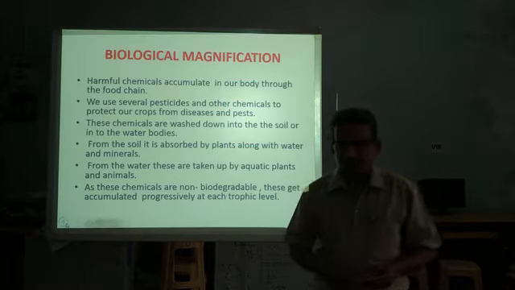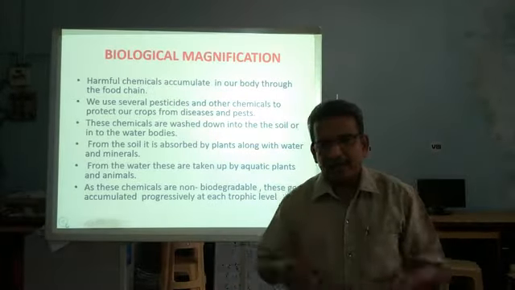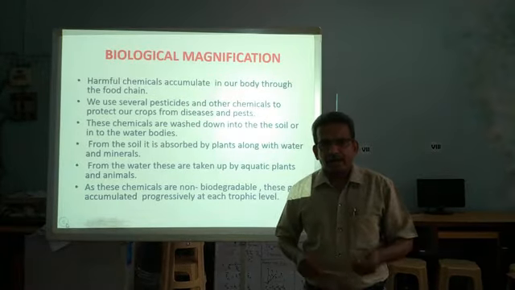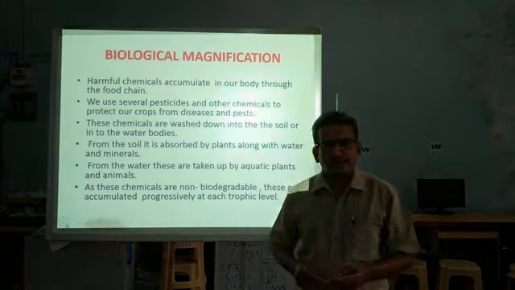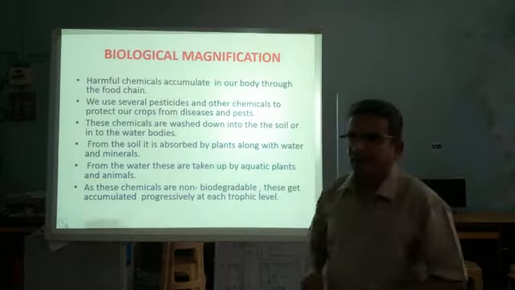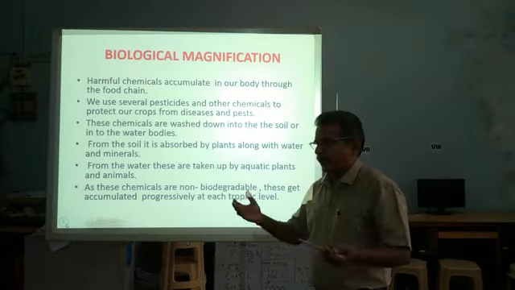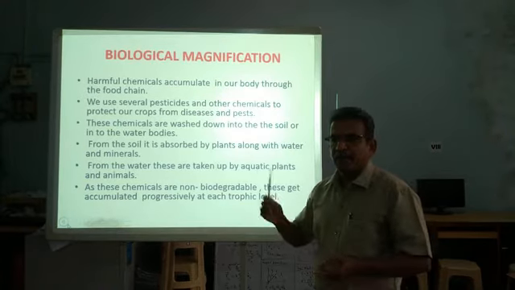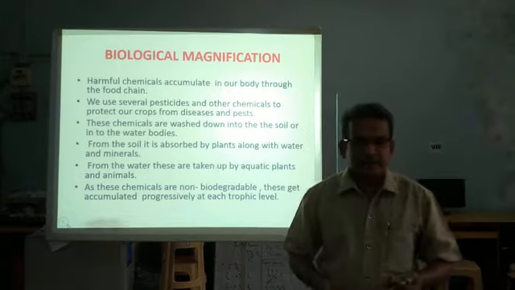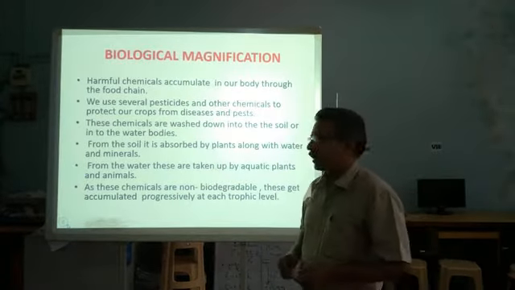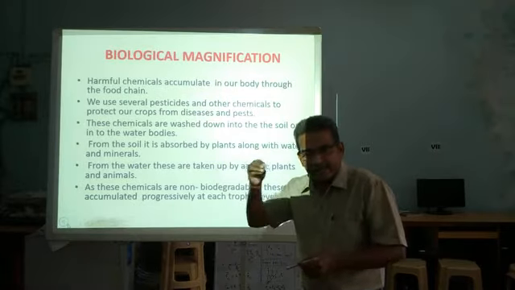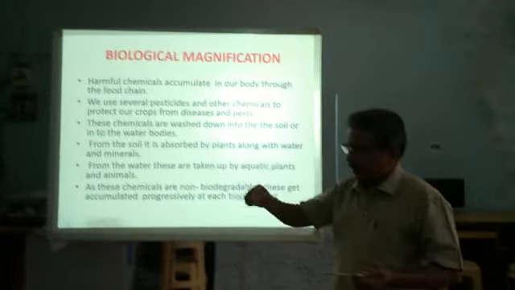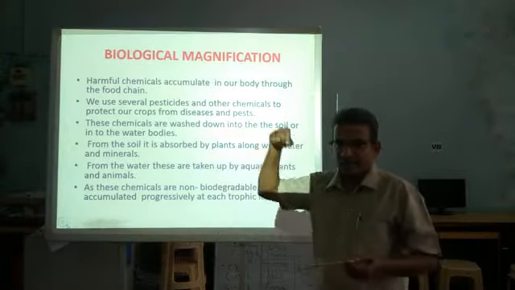These chemicals are gradually accumulated in the bodies of aquatic organisms. For our food, we depend on many of these organisms. For example, we catch a fish living in the water body and consume it, and in its muscle there are traces of these chemicals. In that way, these chemicals ultimately enter our body.